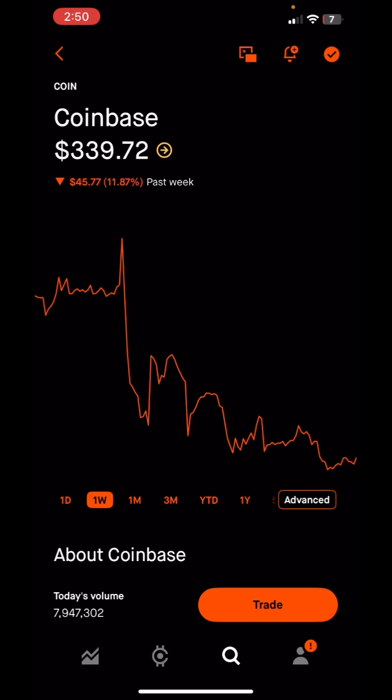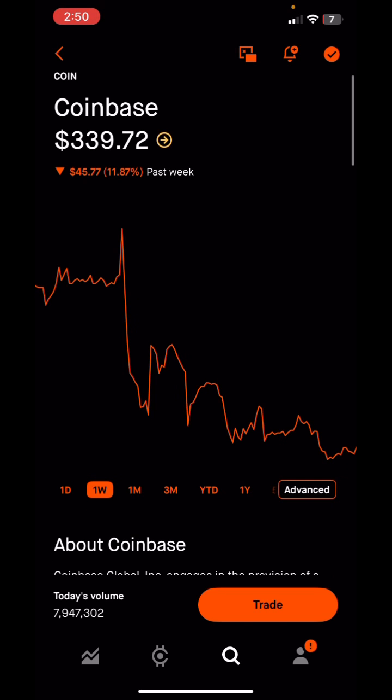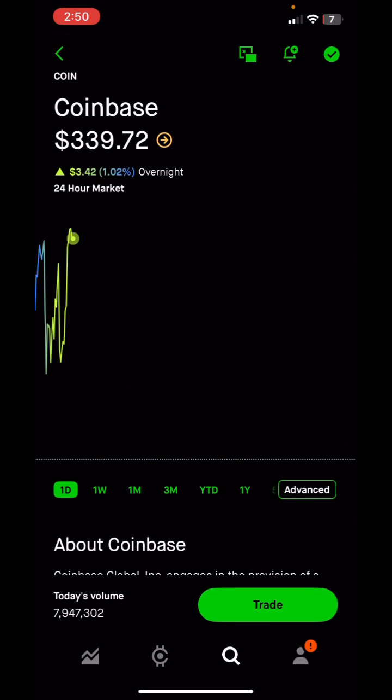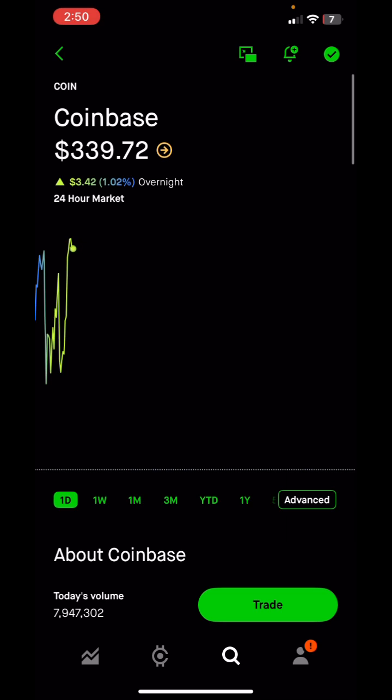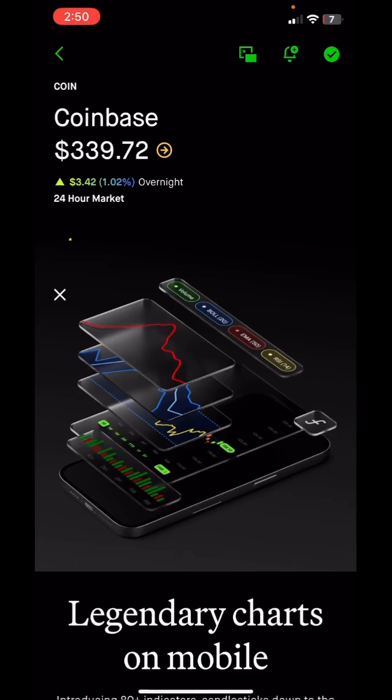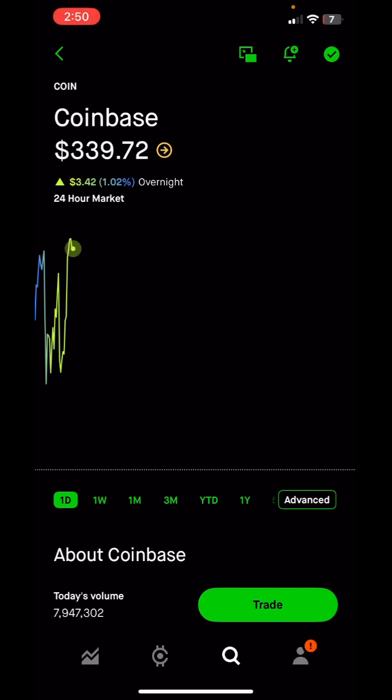So we know there are some prior areas where the price was at. With that being said, we can make an educated guess and say that at some point, we don't know when, but at some point for sure, it's going to revisit those areas. So all we need to do is just give ourselves time.